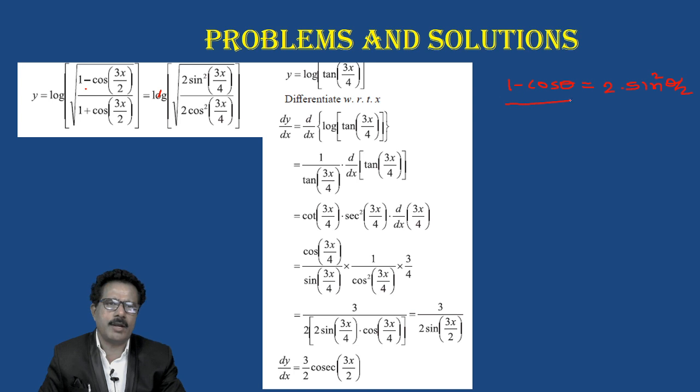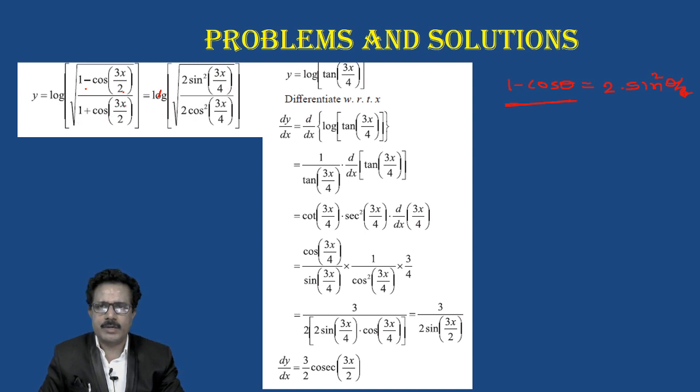This is the formula for 1 minus cos theta. Here we have used 1 minus cos 3x by 2. Consider this, 3x by 2 means 2 sin square 3x by 4, because theta by 2 means here 3x by 2 upon 2, which is 3x by 4.